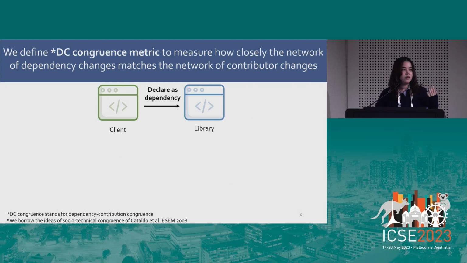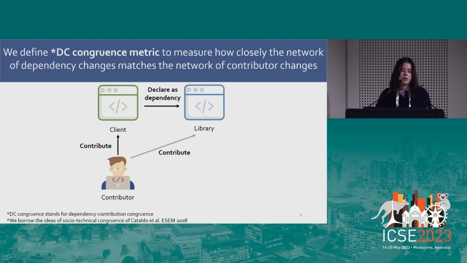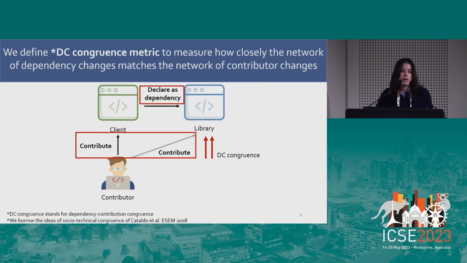Because we focus on client contributions, in this work we look at contributors who contribute to both the client and the library. The DC congruence is largest when the contributor contributes to both the client and their dependencies. With this metric, we can explore the degree and origins of dependency contribution.